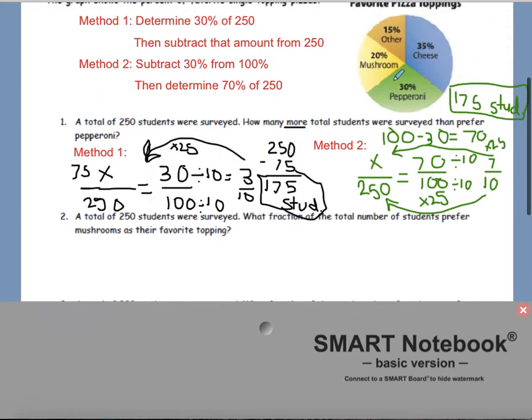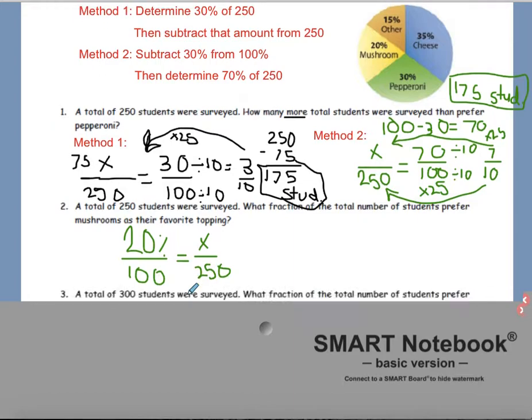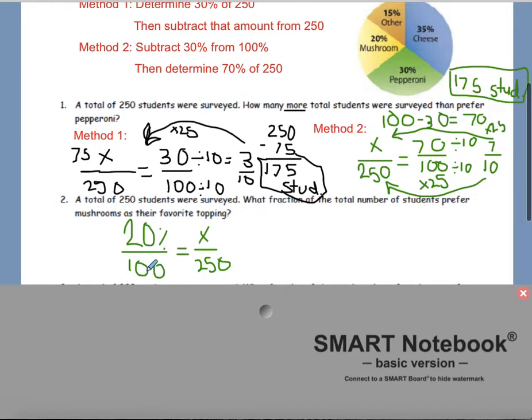Right now we have mushrooms is 20% out of 100 equals some number over 250. So once again, we can either multiply by 2.5 or we can simplify by 10 to get 2/10.